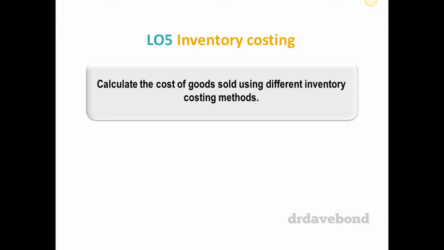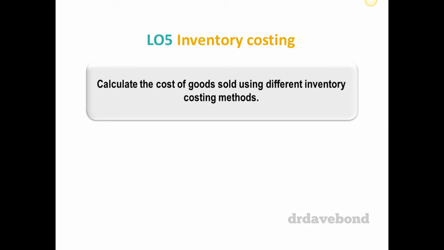So Woolworths will have all their service stations. They'll be buying petrol in, and they'll be buying diesel. That fluctuates in price. They'll be buying fresh fruit and veg. That changes in price. So we've got to make an assumption about certain things, and we've just made an assumption about fruit and veg and milk, that what is left on the shelves at the end of the year is the stuff which has just been purchased.